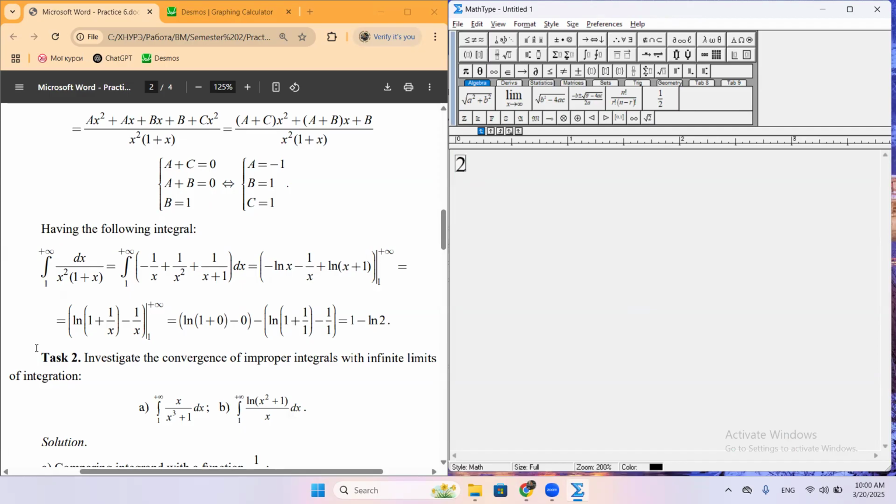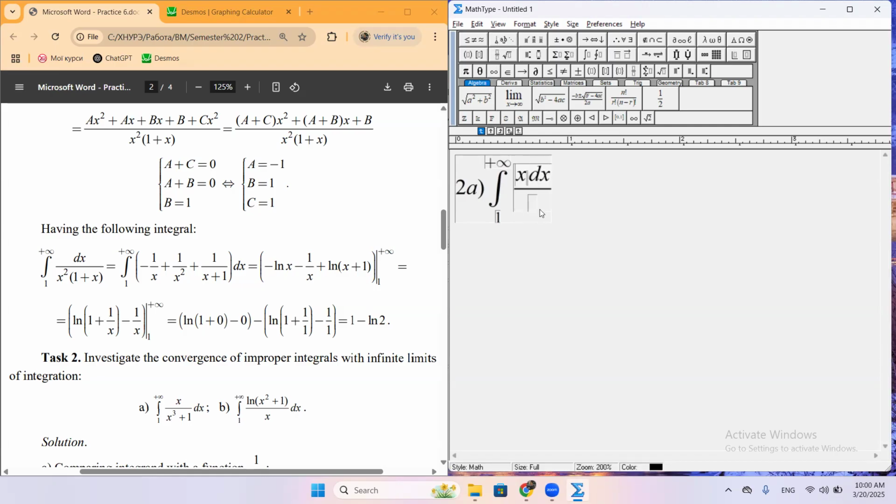So let's go. In this exercise, we don't have to calculate integrals. Absolutely, we only need to investigate if they converge or diverge. And we will compare them with different functions.